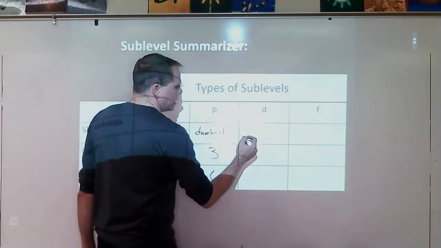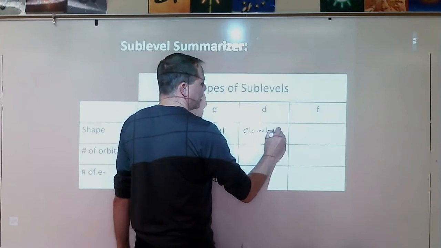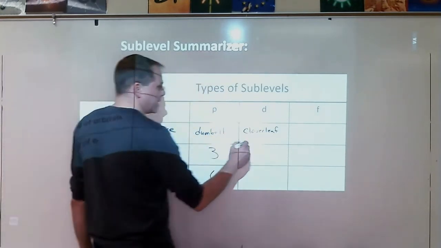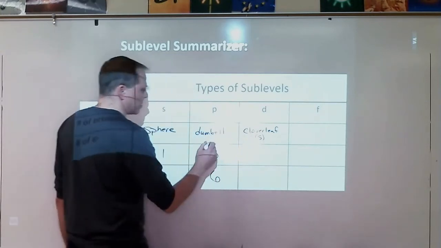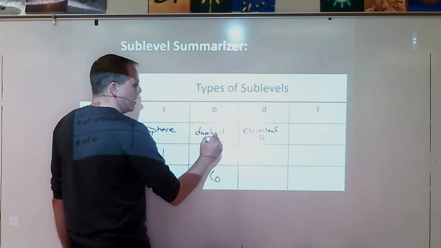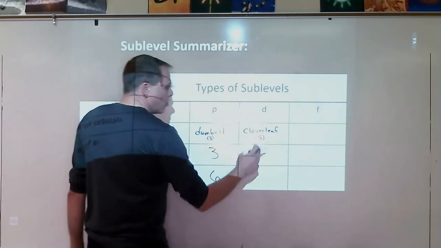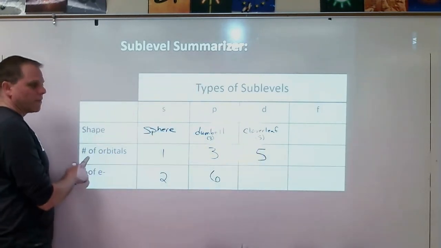My shape for the d, I like to call these cloverleaf. It's got 5 different orientations. Remember, the p had 3 different orientations. And so how many orbitals can we have in the d? We can have 5 different orbitals in 5 different orientations.